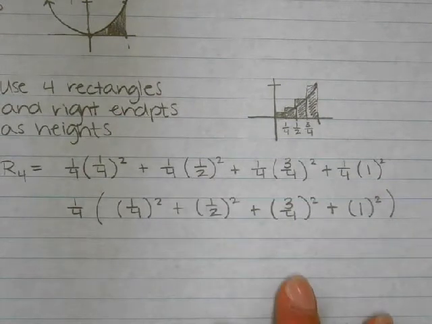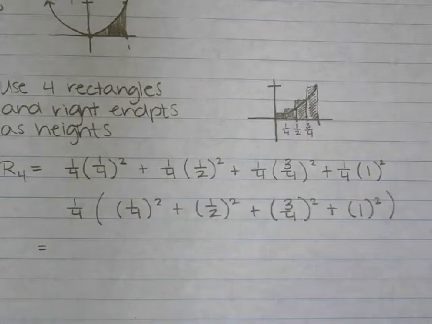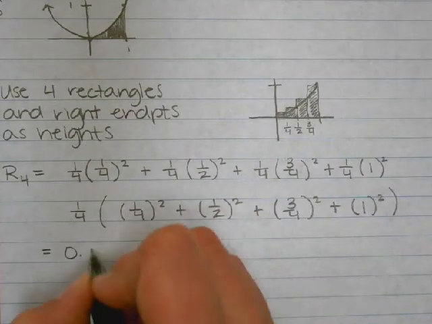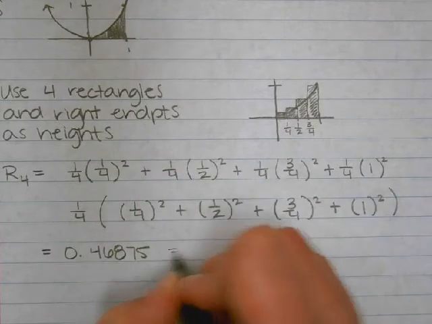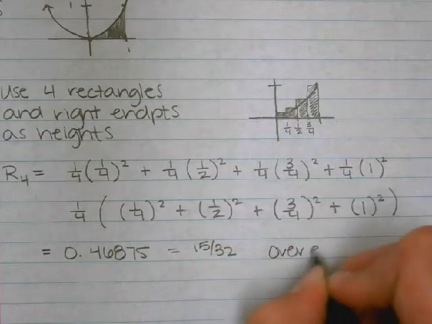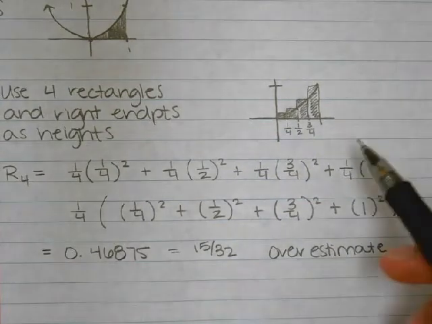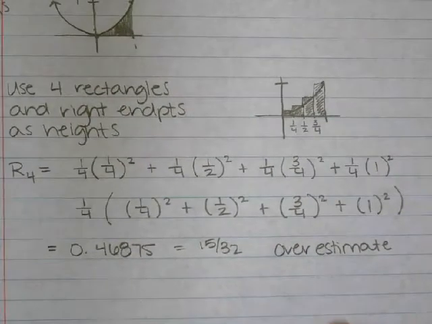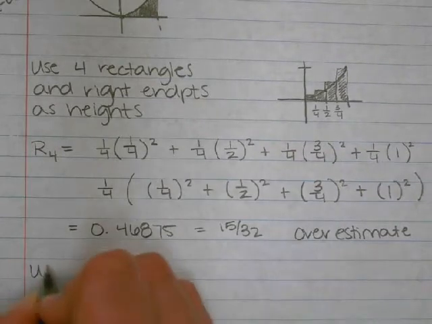We'll reference that later. If you multiply all that out on your calculator, what you're going to get is 0.46875, which is the same as 15/32. And like we already said, this is an overestimate because our little rectangles went above the curve.